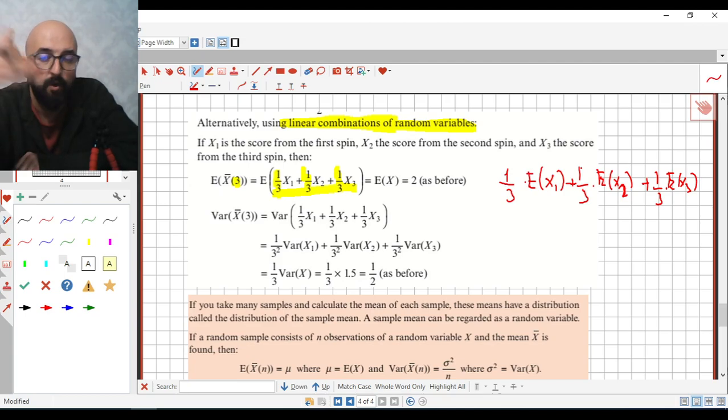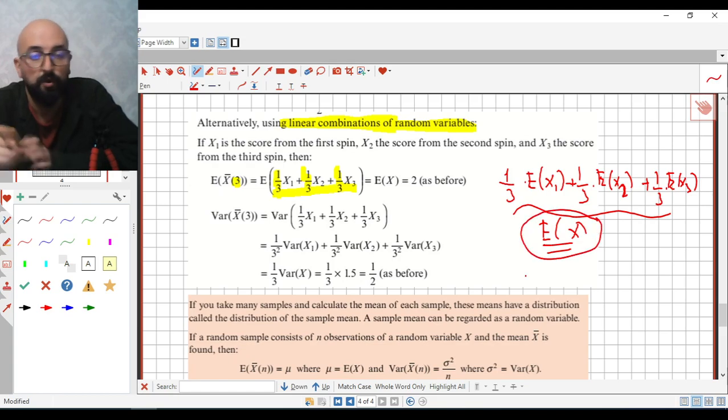Also, the first time, the second time, the third time, it is the same spinner, so their expectation is also the same, and we can write here the expectation of x. So for all sizes of the sample mean, their expectation is also every time the same.